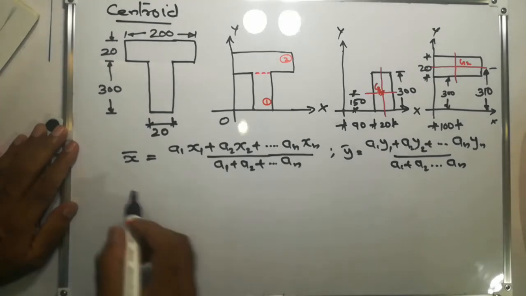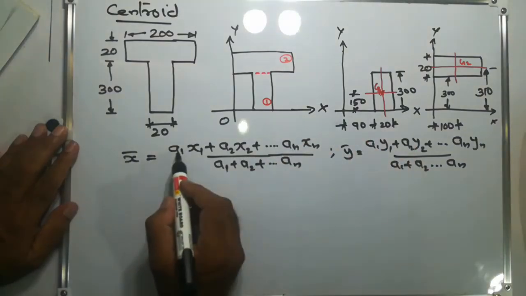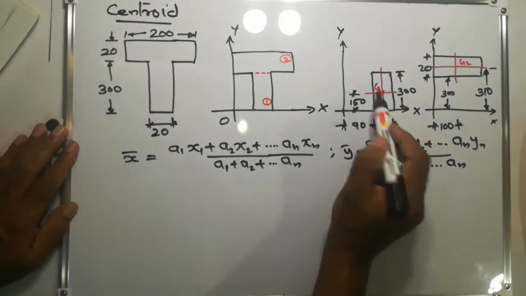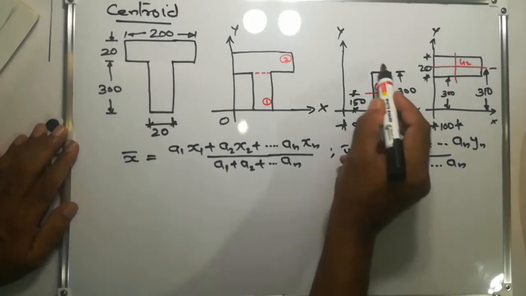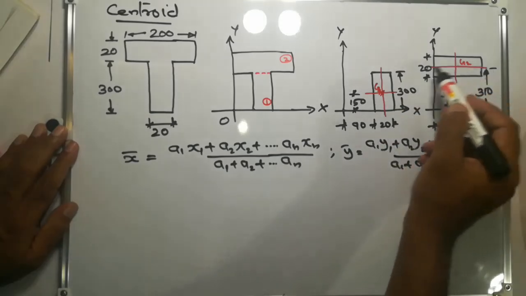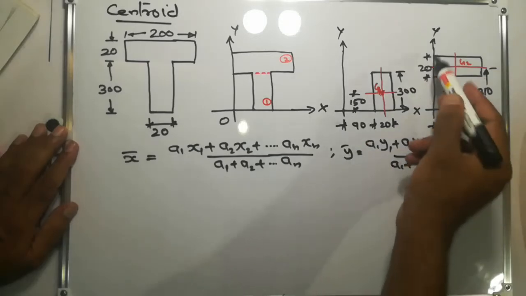Now, how to find out x bar? So a1 means area of the first shape. Here a1 is the area of this vertical rectangle, 20 by 300, and a2 is the area of the horizontal rectangle, that is 20 by 200.